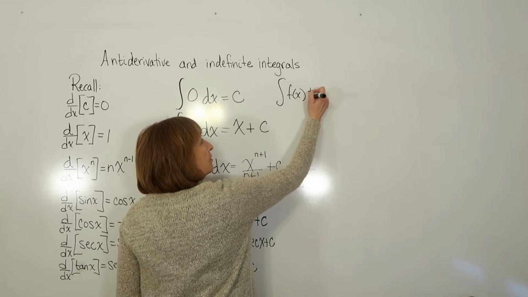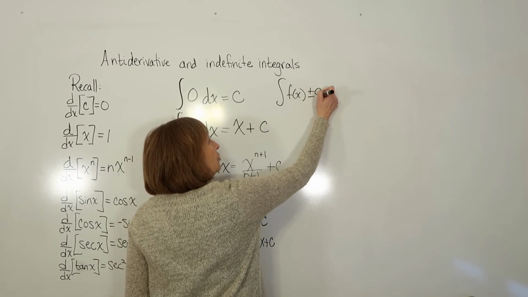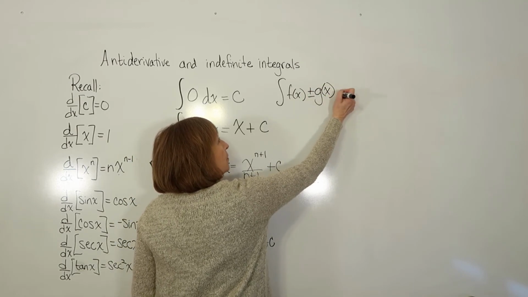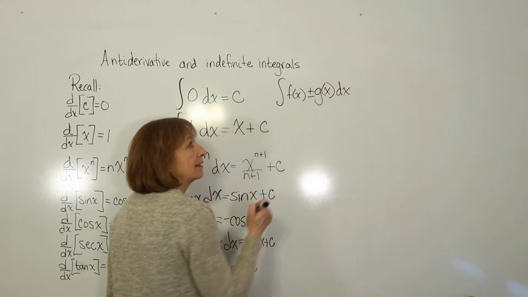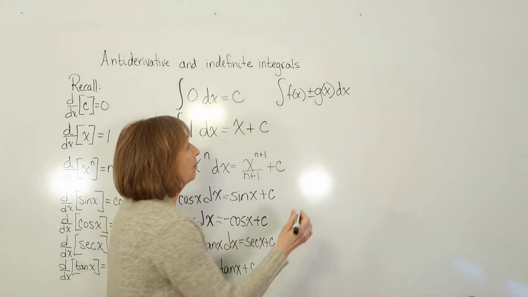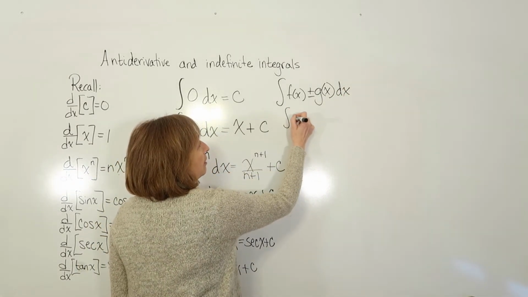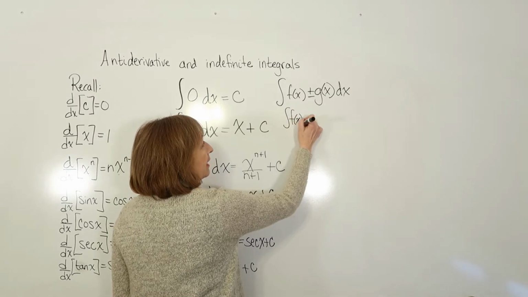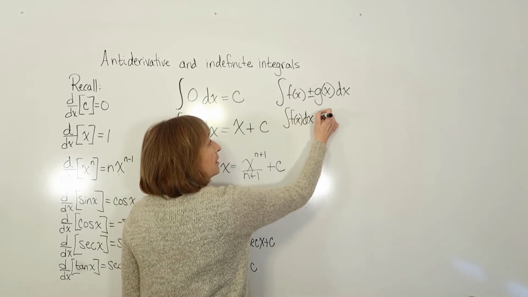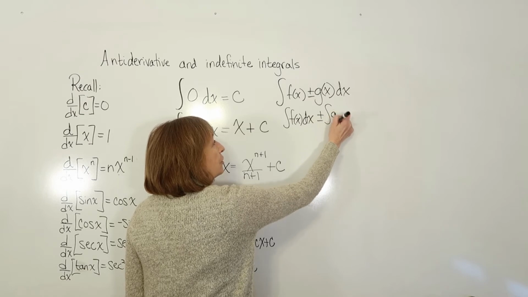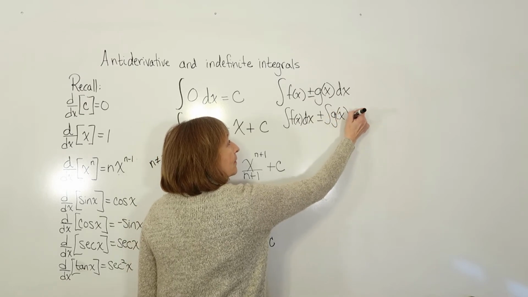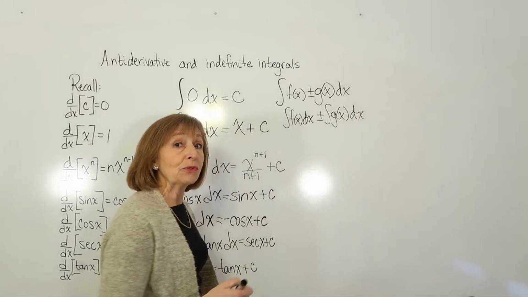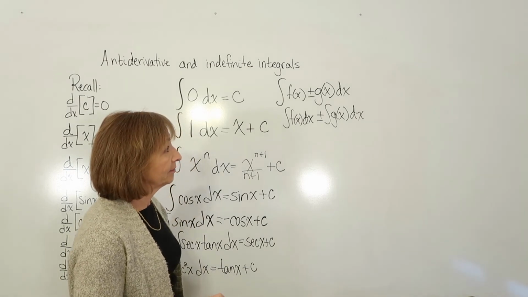Okay, so now with these, there's also a property that says if you're integrating a function f of x plus or minus a function g of x with respect to x, you can integrate them term by term. So this is the integral of f of x dx plus or minus the integral of g of x dx. So I can do term-by-term integration.